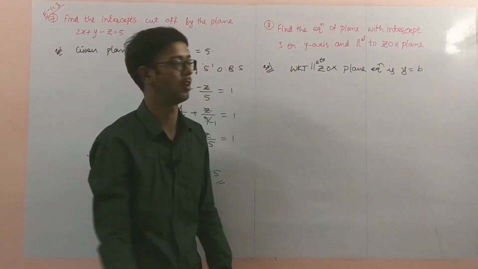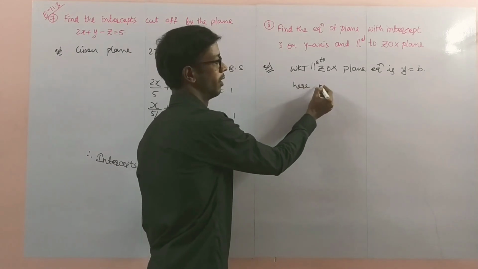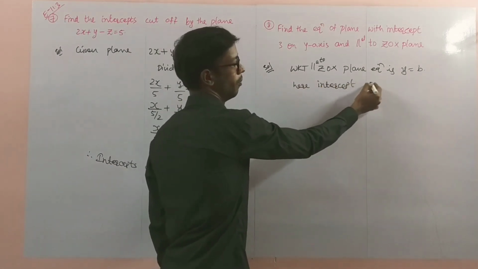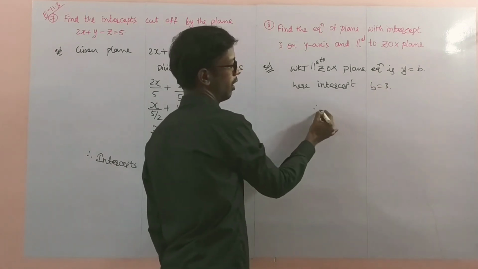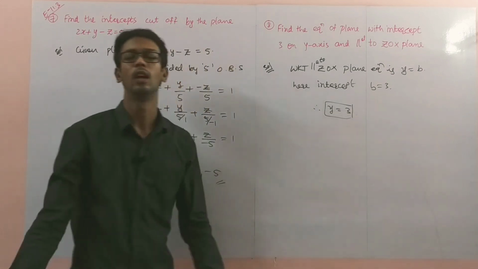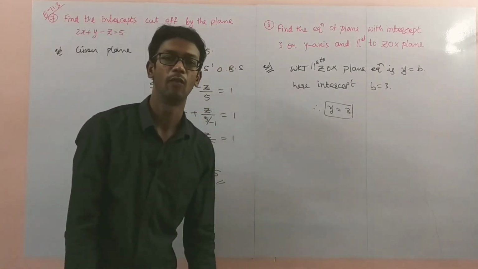B is the intercept. Here intercept b equal to 3. Therefore y equal to 3 is the answer. For ZOX, just y equal to b.